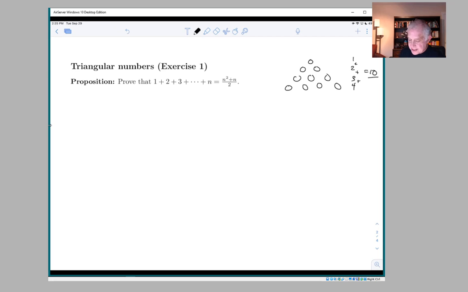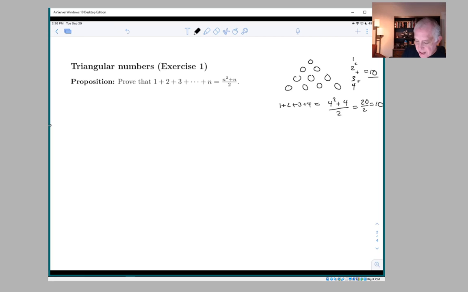So 10 is a triangular number. And if you use this formula, 1 plus 2 plus 3 plus 4 is supposed to be 4 squared plus 4 over 2, which is 20 over 2, which is 10. So these are the triangular numbers.